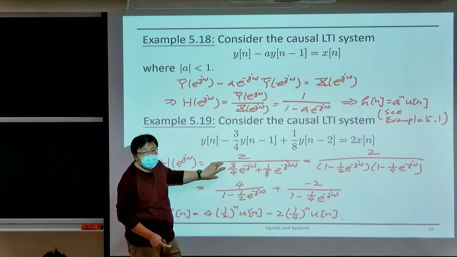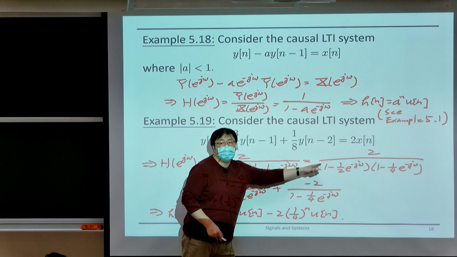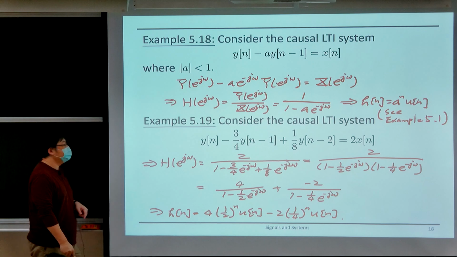Once you get that, because we're familiar with the inverse transform of this type of spectrum, we immediately get the time domain impulse response. I would say this step is probably the key to this problem.